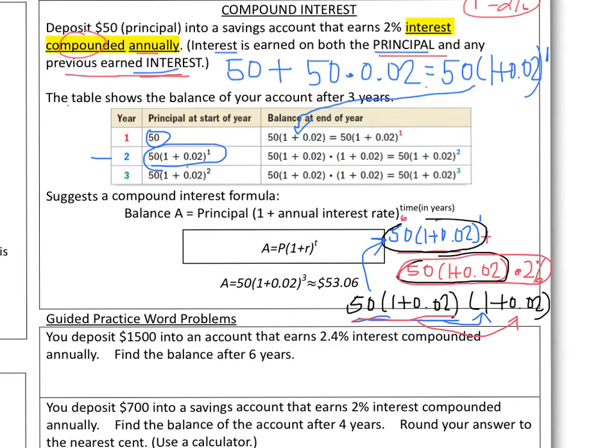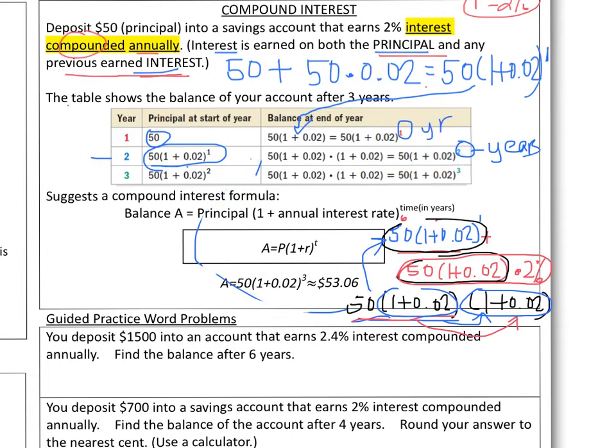Therefore, this is how this part of the pattern came about. So now we have two factors of 1 plus 0.02, and we can rewrite it with a power of 2. And 2 just represents 2 years. And here, 1 year.